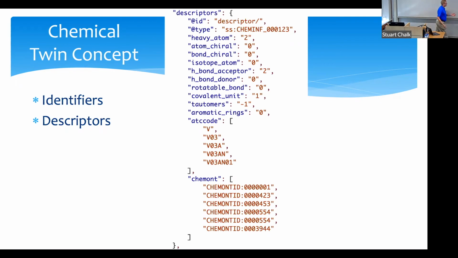And so these ChemOnt terms here are the ontology terms for organic compound, at the top, I think it is number 1, and then more specific ones as you go down. So you're kind of representing in an ontological sense the nominal functionality that's in the molecule.